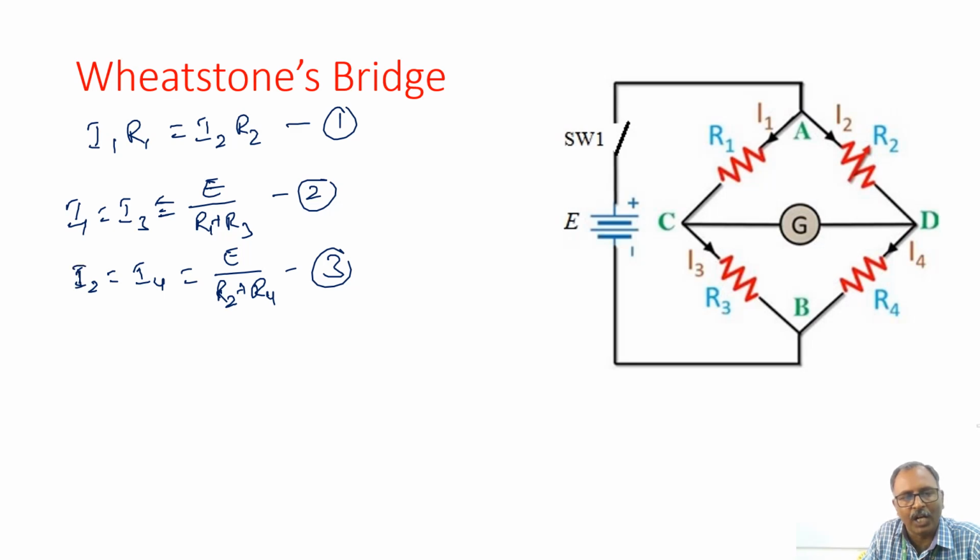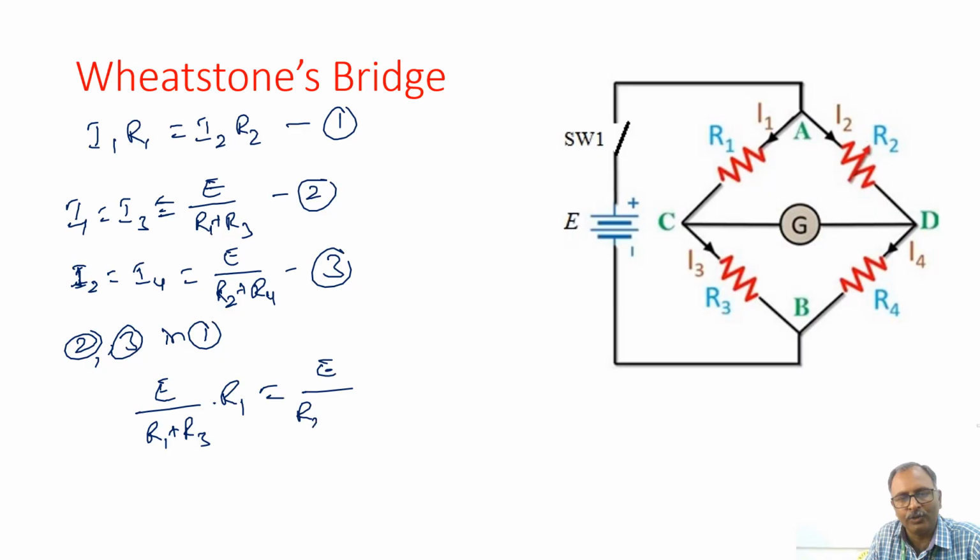So from equation 2 and equation 3, whatever values we got as I1 and I2, let's substitute in equation 1. Then we get E by R1 plus R3 into R1 equal to E by R2 plus R4 into R2. E gets cancelled.